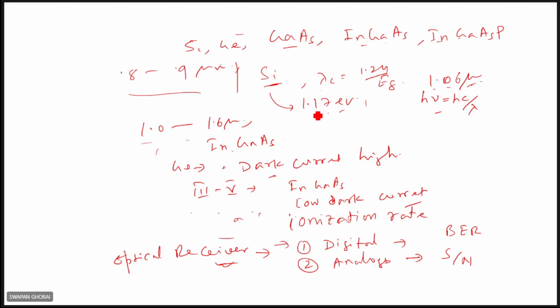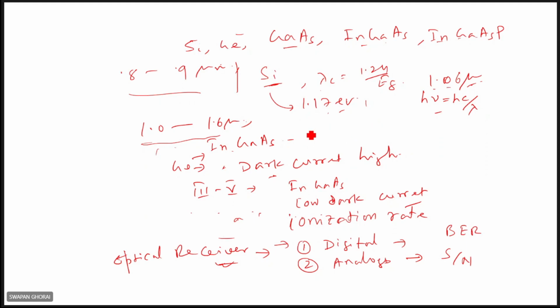And on the longer wavelength side, the material considered is indium gallium arsenide. In the longer wavelength range, 1.0 to 1.6 microns, indium gallium arsenide is used. The advantage here is that you can vary the band gaps, so it can cover 1 to 1.65 microns.